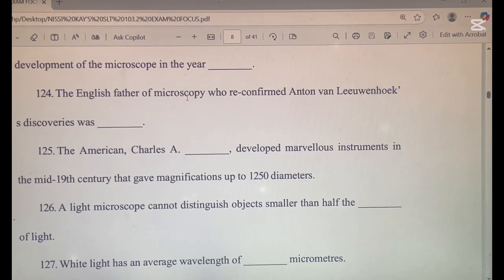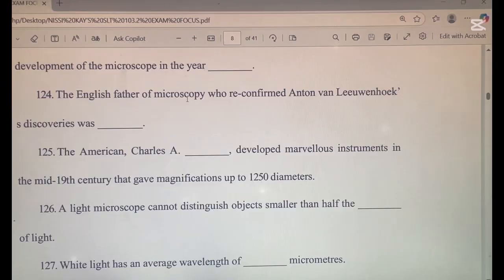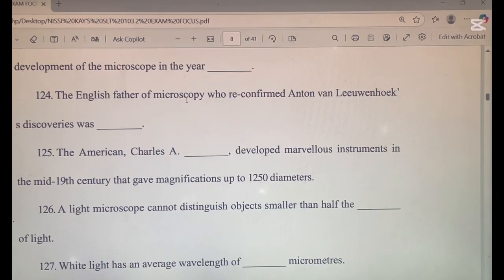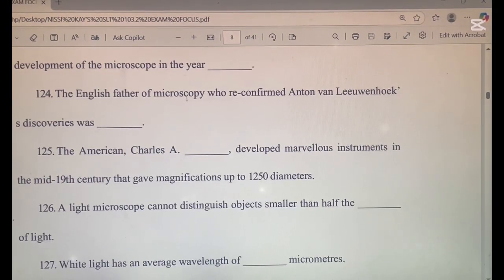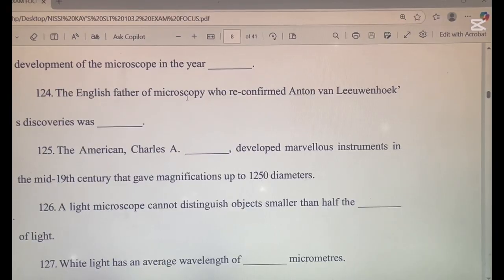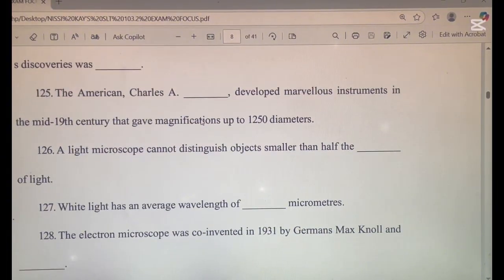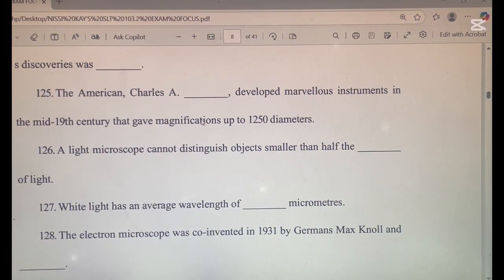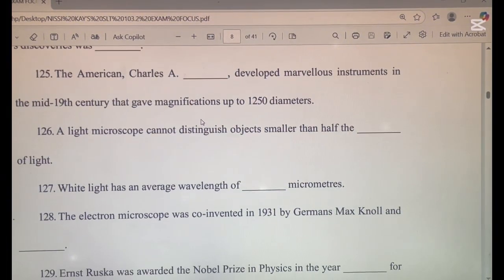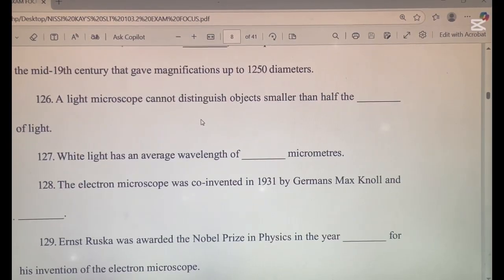The English scientist who reconfirmed Antonie van Leeuwenhoek's discoveries was Robert Hooke. The American Charles A. Spencer, we've talked about him before, discovered marvelous instruments in the mid 19th century that gave magnifications up to 1250 diameter.